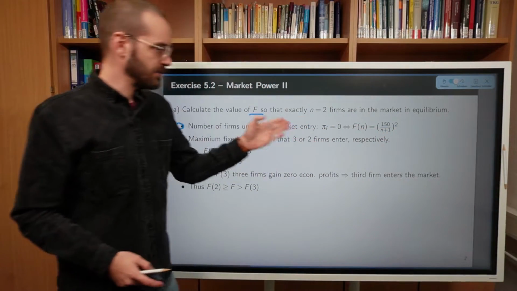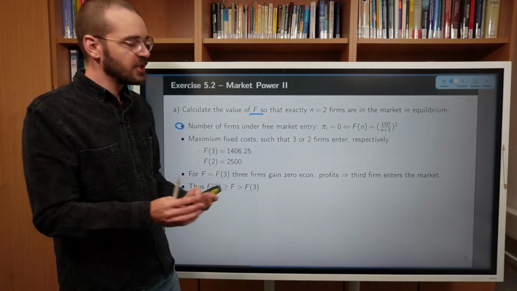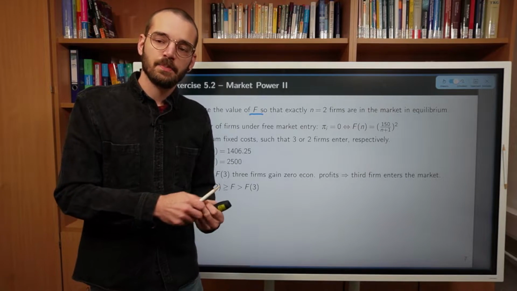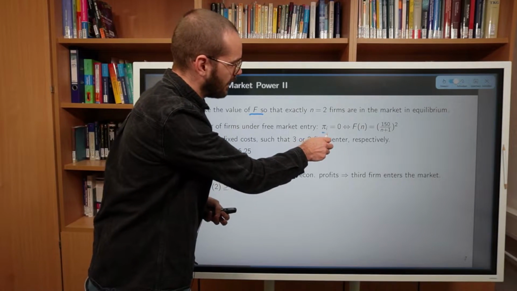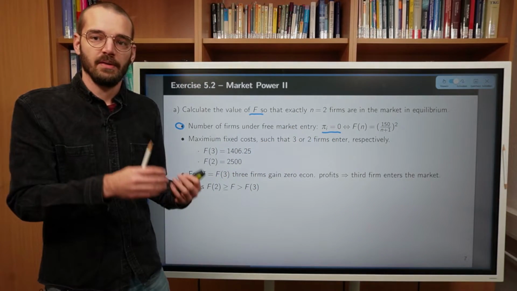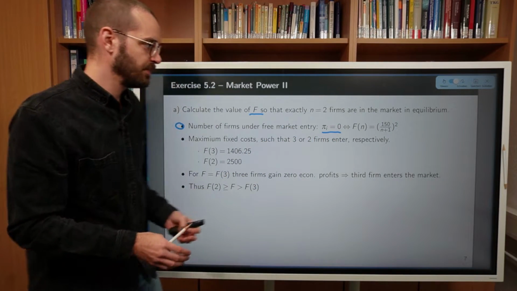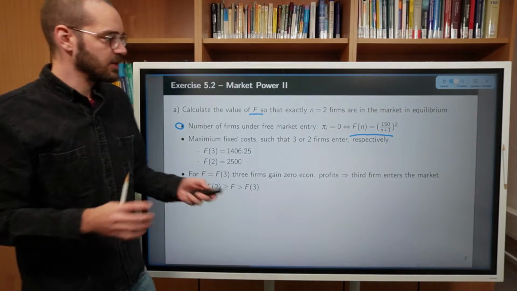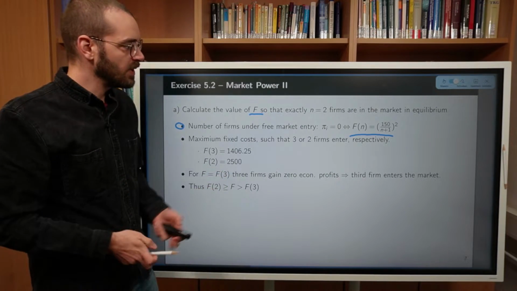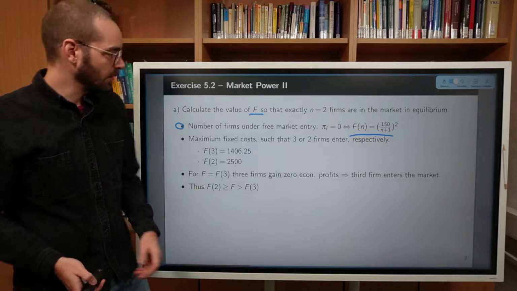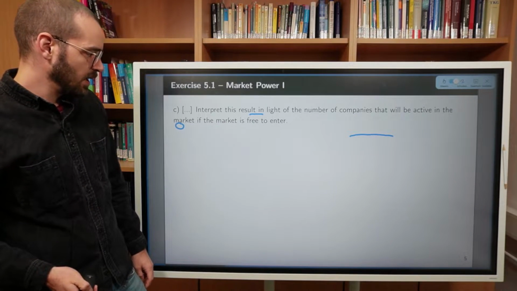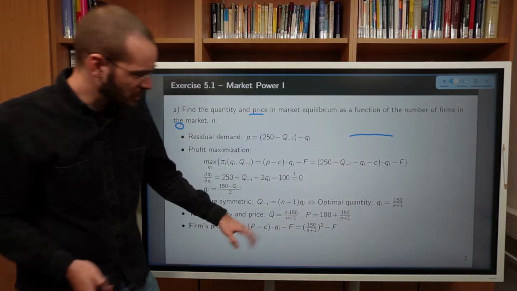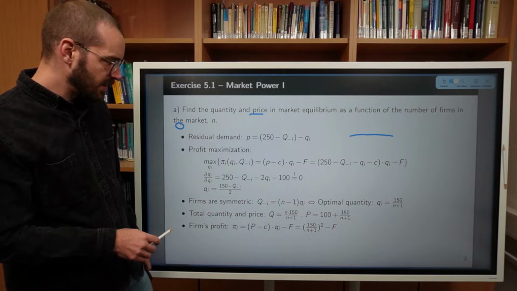What we can use this for is to find an expression for the fixed costs as a function of n that provides exactly this condition where the profit is equal to 0. Where do we get this from? To grasp this formula, we have to take a look at the previous exercise. Let me move backwards a few slides, in which we defined the profits as a function of the number of firms in the market.